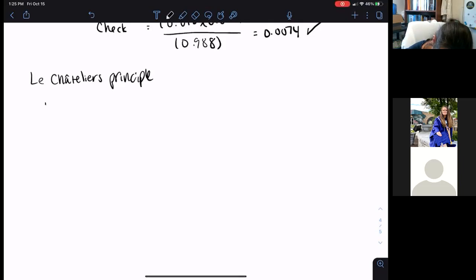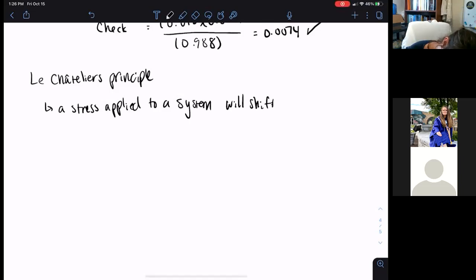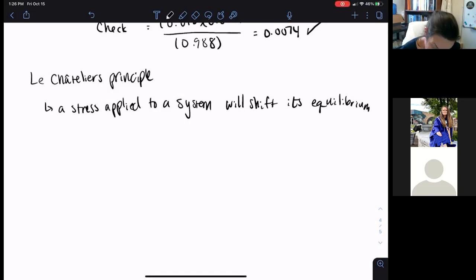So this is the idea that a stress applied to a system will shift its equilibrium position to counteract the stress.